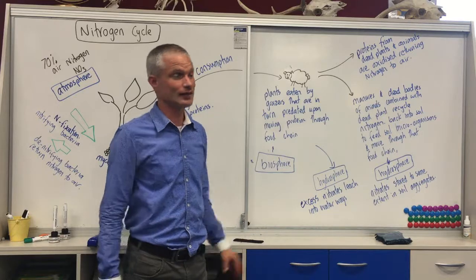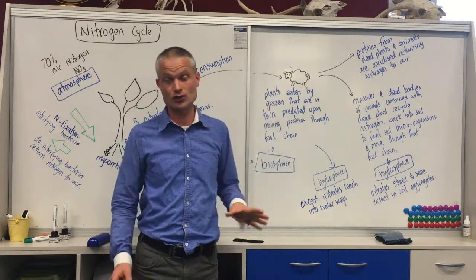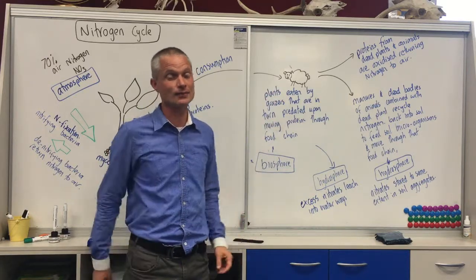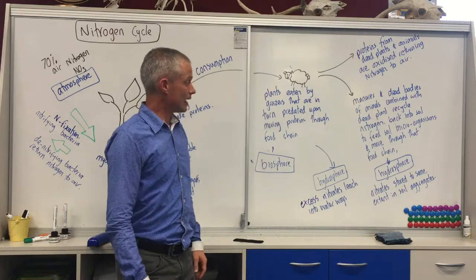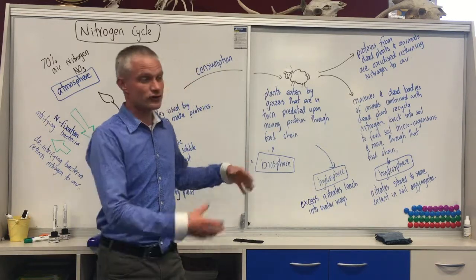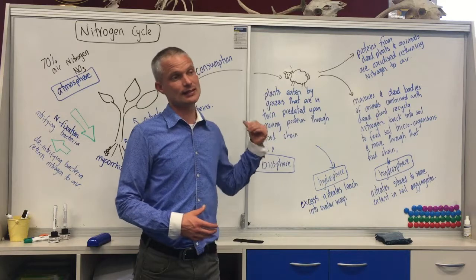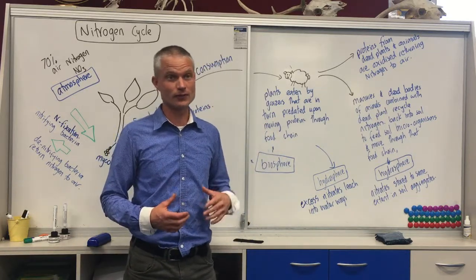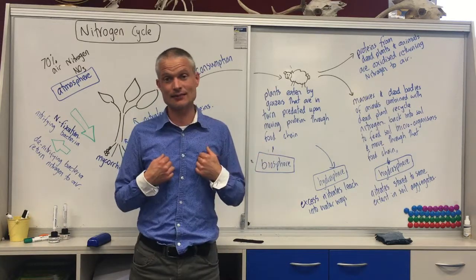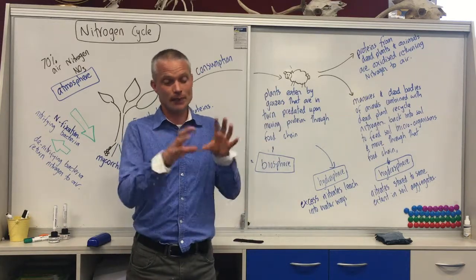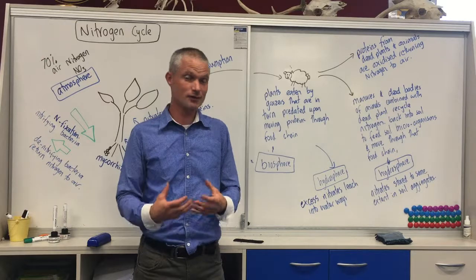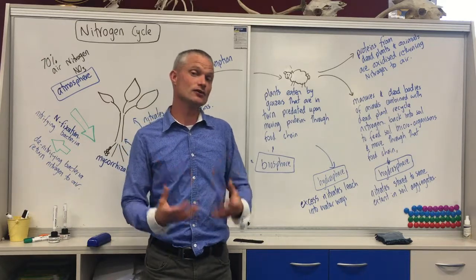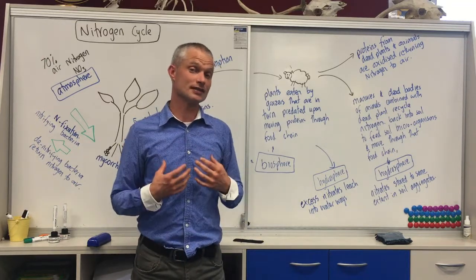And each of those animals, which are all consumers because they're all eating other animals or plants, they all use those proteins that they consume to make their own bodies. So when we eat something or a sheep eats it, we break down those proteins back into those amino acids again, and then we use those amino acids to make our own proteins.